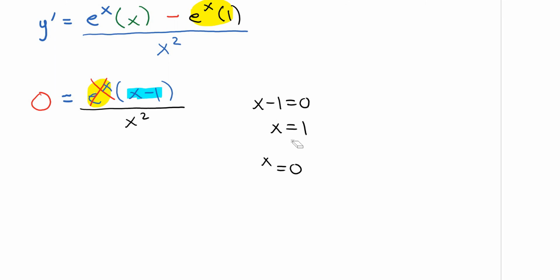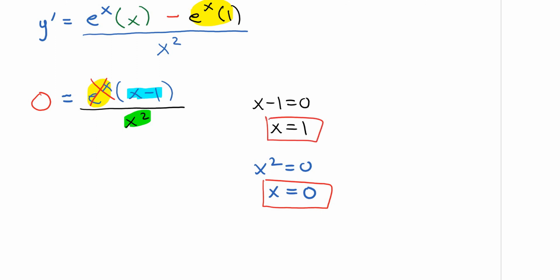And then finally, you should also look at the denominator here, x squared. If I set x squared equal to 0, that means x equals 0. So this is another critical number that I need to look at because I'm looking at values of x that make the derivative equal to 0 or make it undefined, and this is the x value that makes the derivative undefined. So those are my critical numbers there.